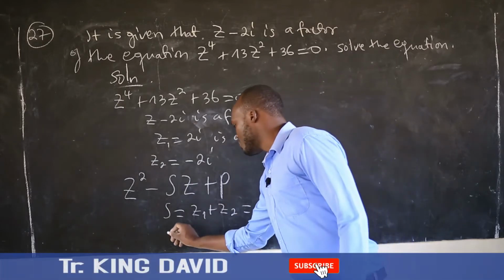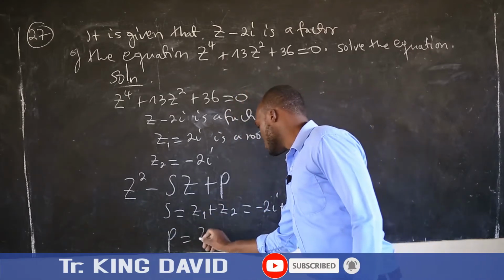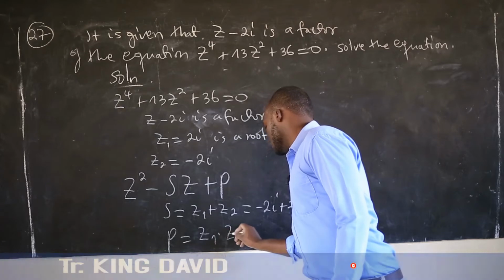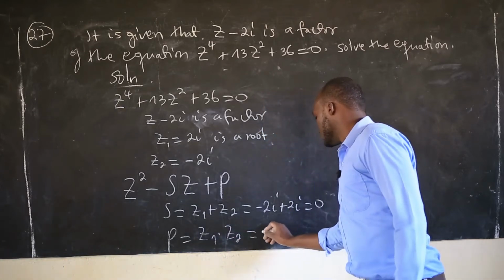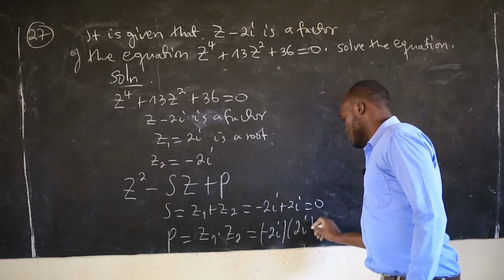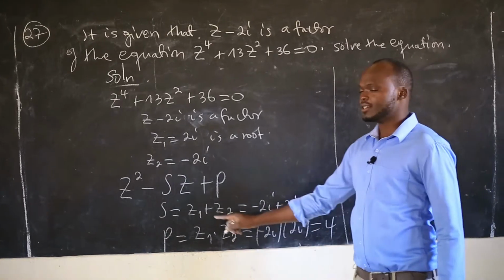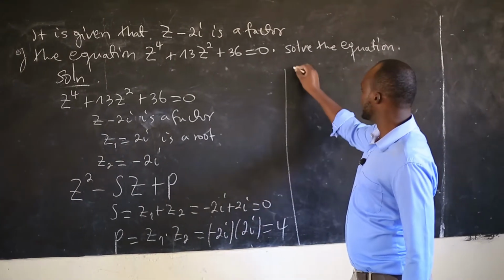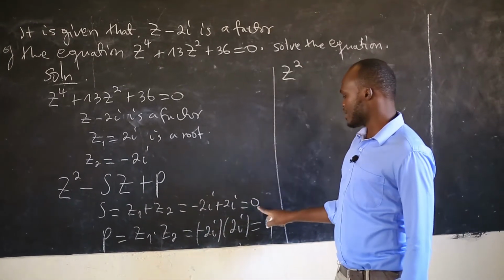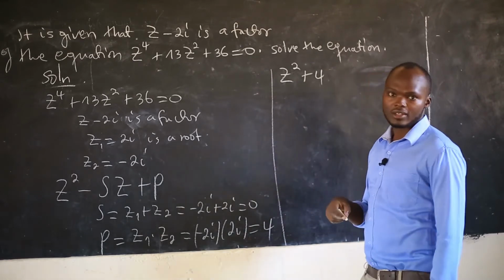Then the product, which is p, is the product of those roots, z1 times z2, which will be negative 2i into 2i, where the answer is 4. So this quadratic equation will be z squared plus 4, since our sum is 0 and our product is 4. So this is our quadratic equation.